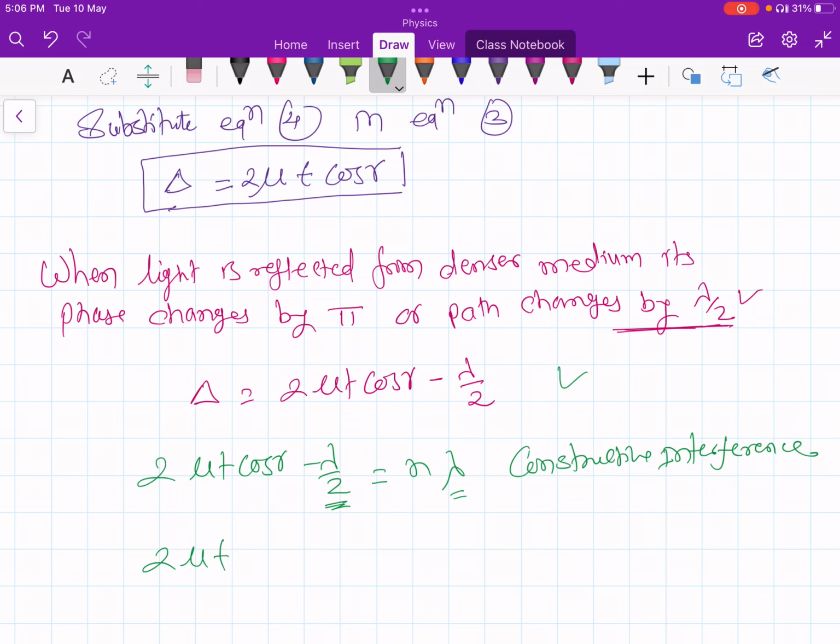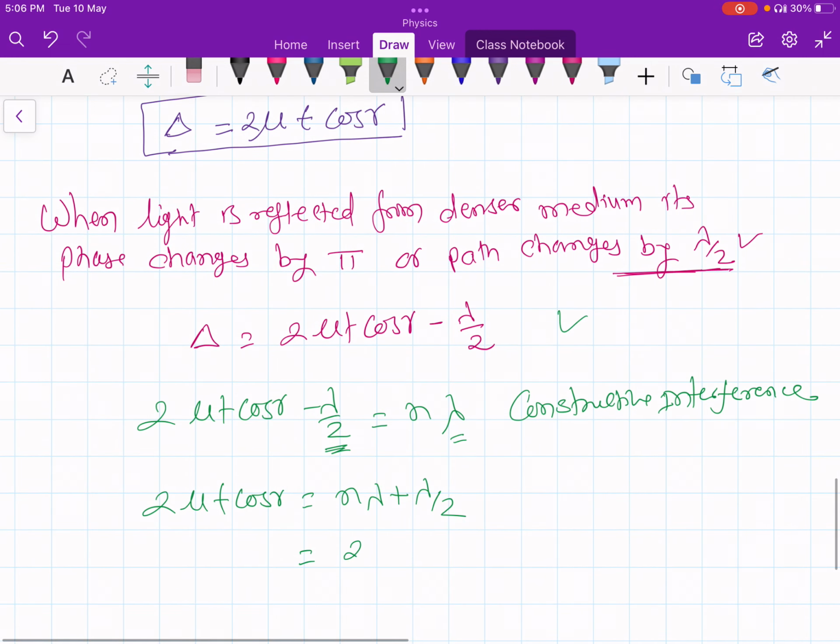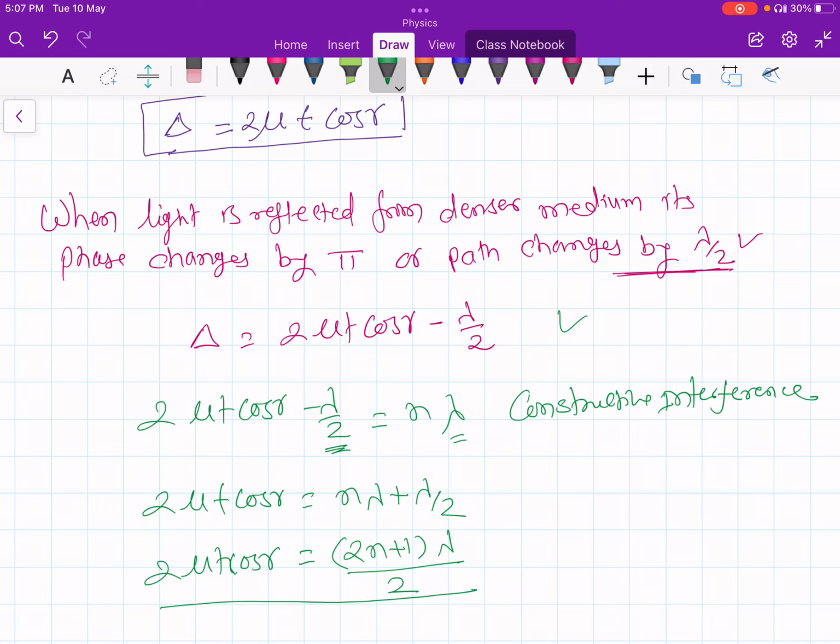Then we get 2 mu t cos r is equal to n lambda plus lambda by 2, and that is equal to 2n plus 1 lambda upon 2. That is, when 2 mu t cos r is equal to an odd multiple of lambda by 2, where n starts with 0, 1, etc., we get constructive interference in the reflected light from the thin film.